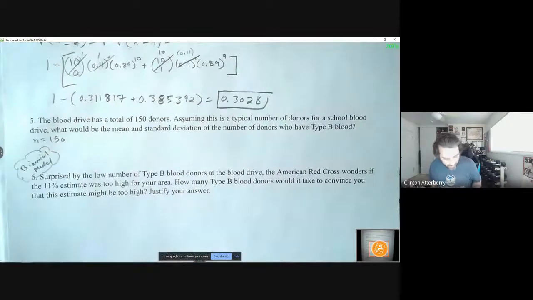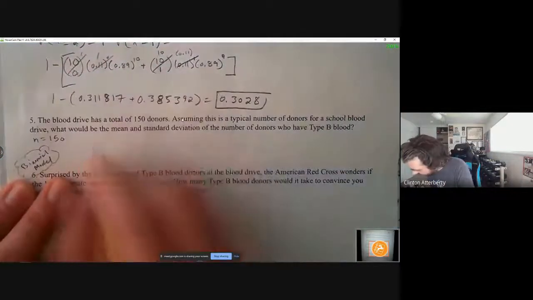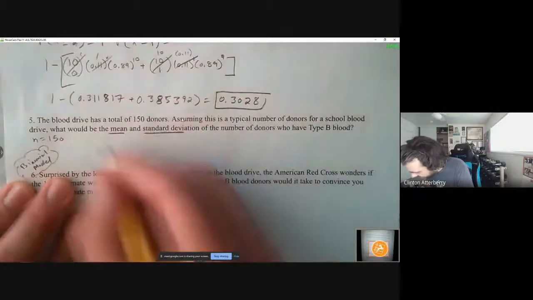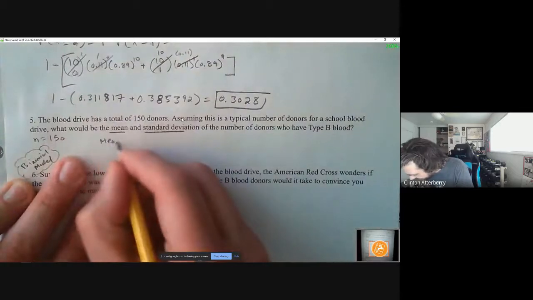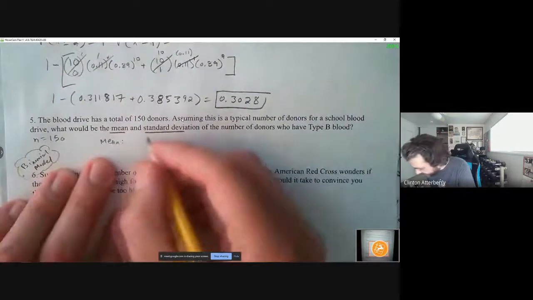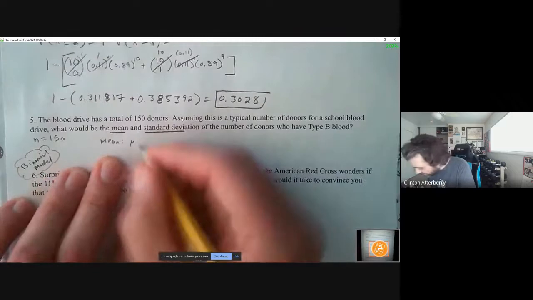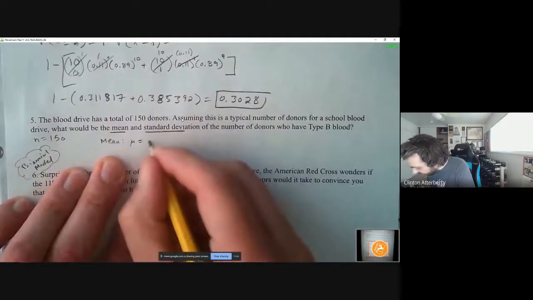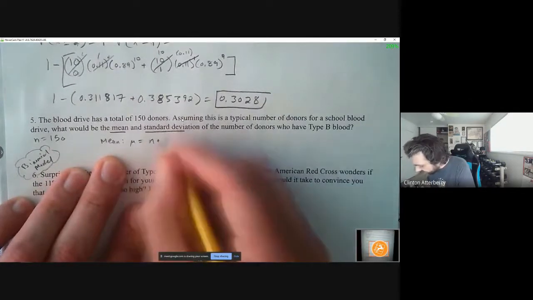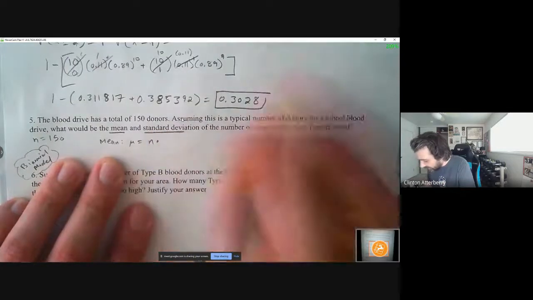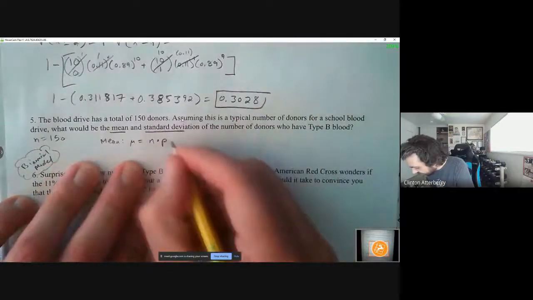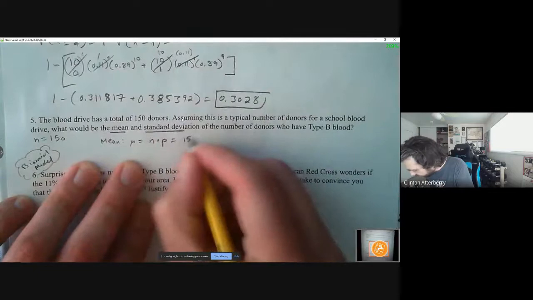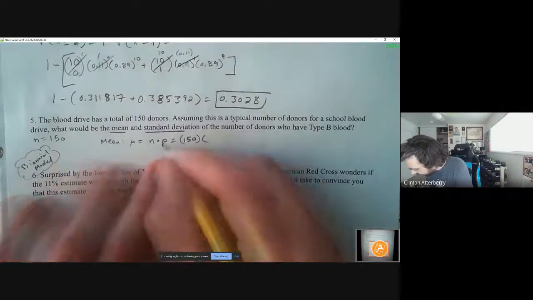They want the mean and standard deviation. So the mean is going to be mu, which is the number of people we have times our probability of success. So 150 times the success rate of 0.11.